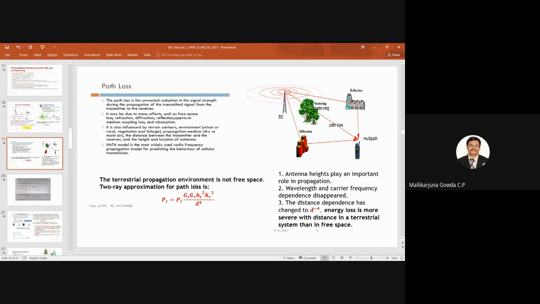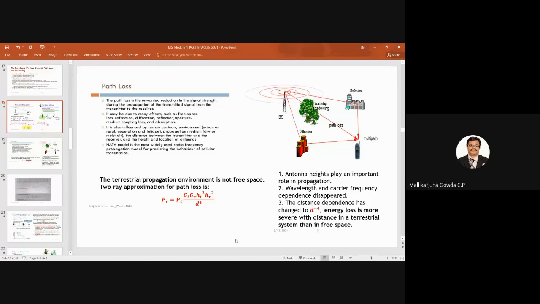So here the frequency or wavelength of the signal does not come into the picture in case of two-ray approximation. The distance dependency is more, so energy loss is more severe with distance in a terrestrial system than in free space.